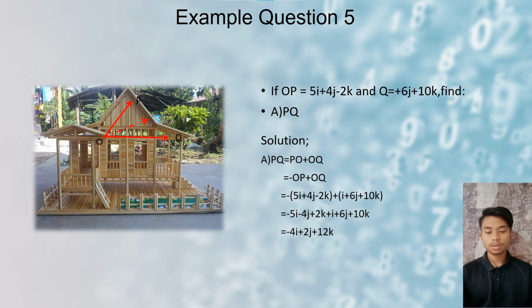Now we continue with example number 3. If OP equals 5i plus 4j minus 2k and OQ equals i plus 6j plus 10k, find PQ.